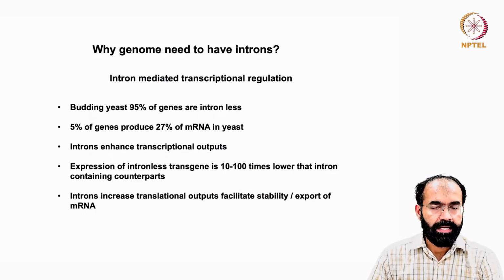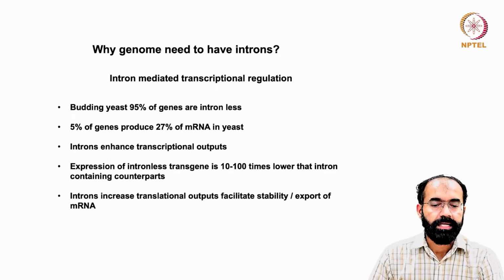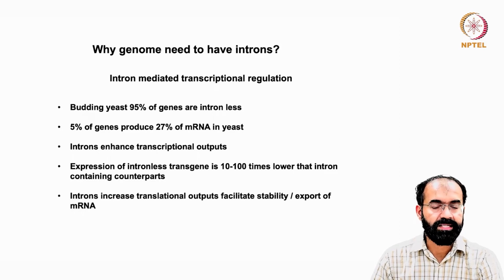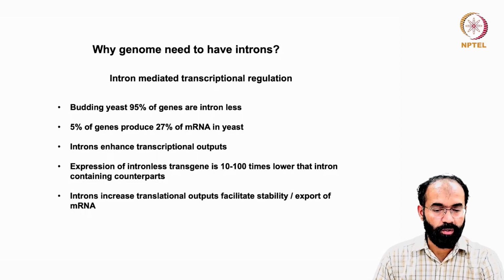So again, continuing the question of why genomes need to have introns. Intron-mediated transcriptional regulation. That means in budding yeast, 95% of the genes are intronless, and 5% of the genes produce 27% of the mRNA in yeast.